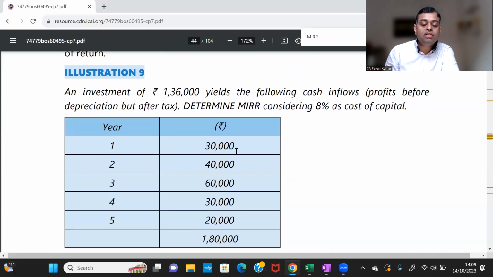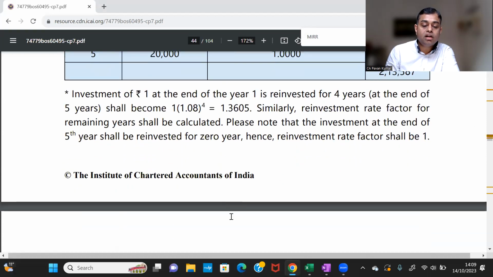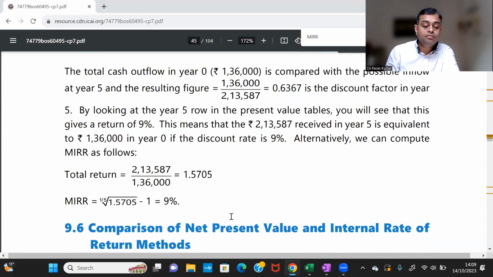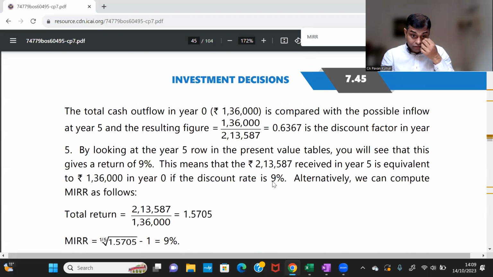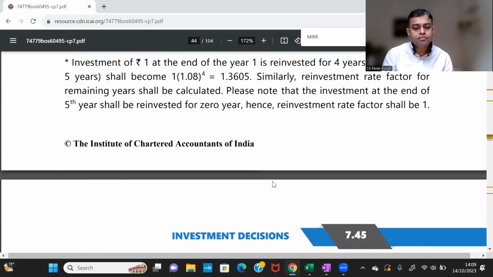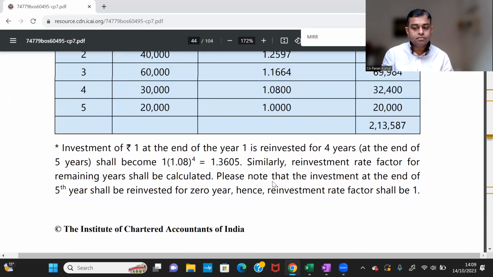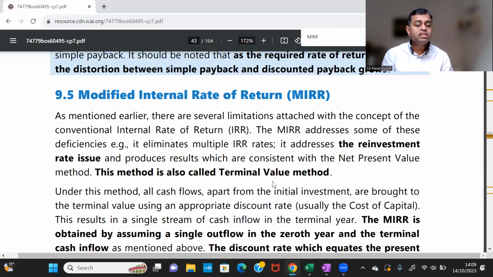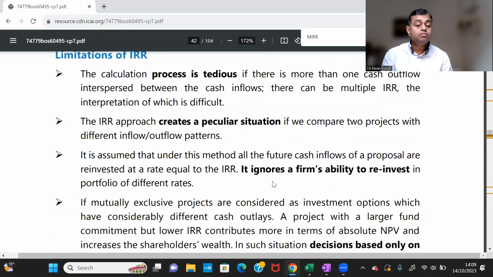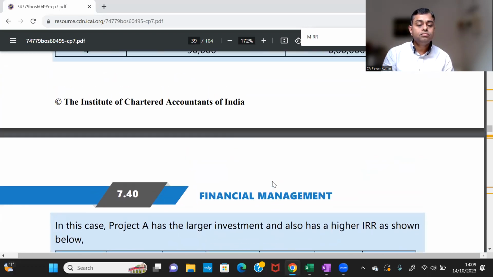Investment 1,36,000, 30,000, 40,000, 60, 20. This is the MIRR question. And finally, you'll get 9%. They're rounded off, but actually it should be 9.57% somewhere. This is the question. So maybe they have given the same question for IRR and MIRR. No problem.